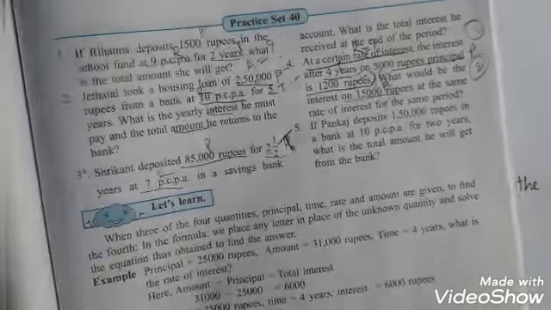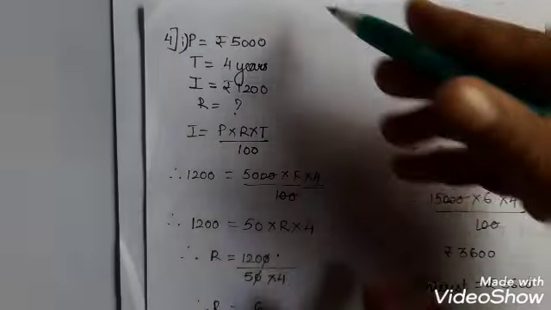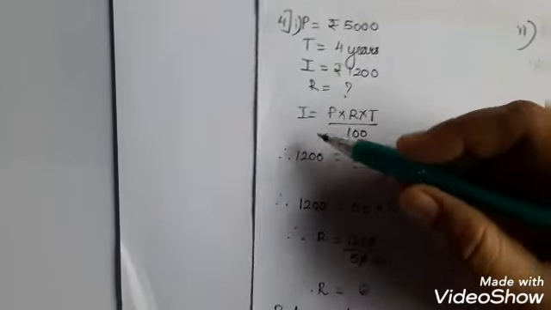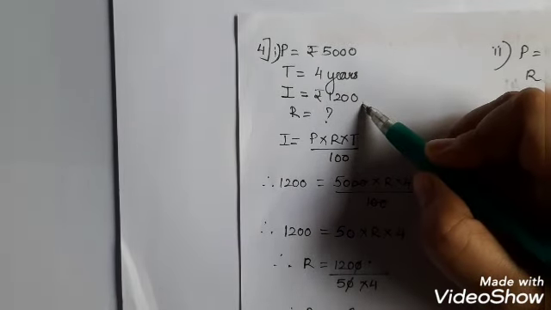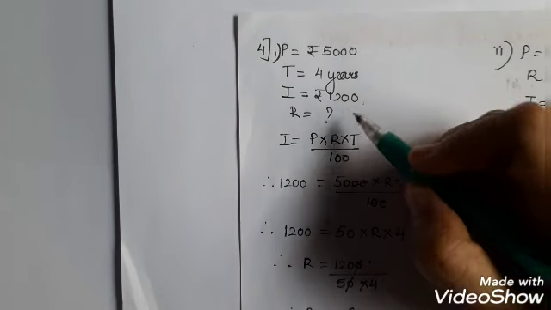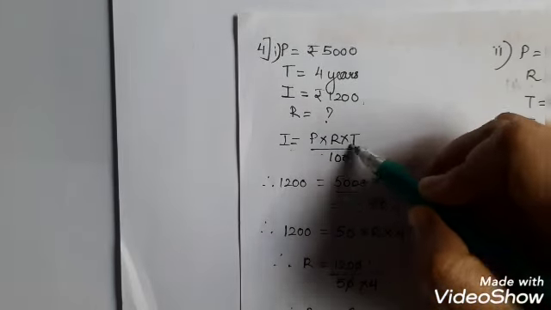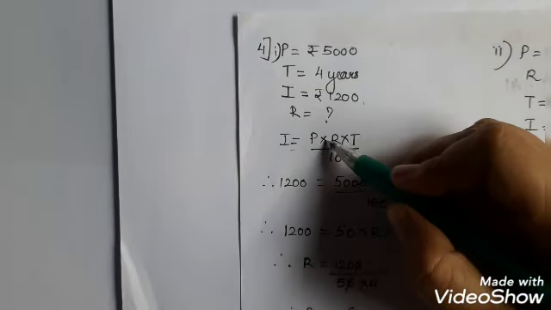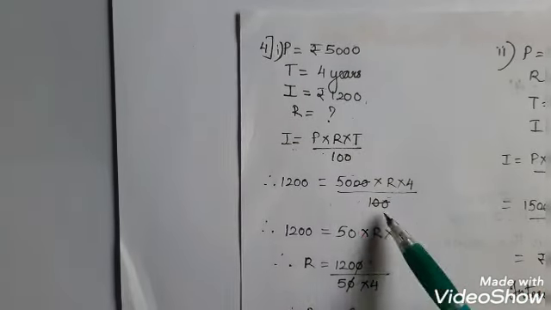Now let us look at the solution. The first part: P is given, 5,000 rupees, right? Then T is given to us as 4 years and interest is given as 1,200 rupees. Find R. So use the formula of interest, that is P into R into T upon 100. I is 1200 rupees, P is 5,000, we don't know what R is, T is 4, and upon 100.